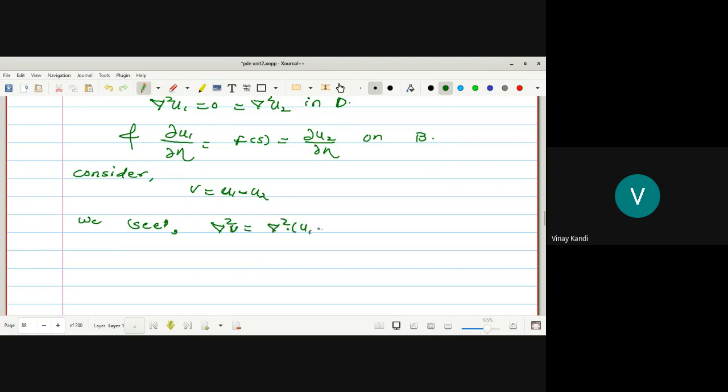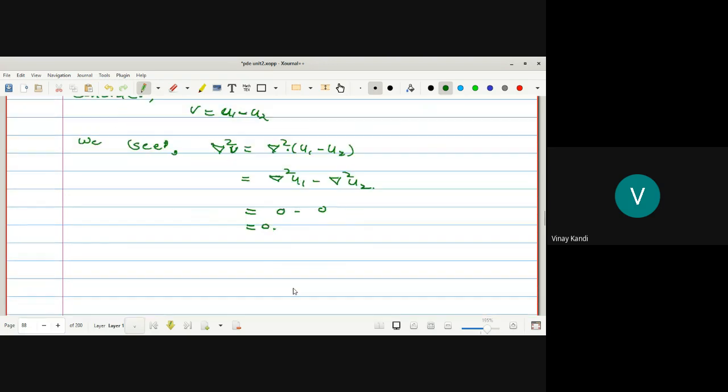Okay, so this is the linearity of the derivative, del square u1 minus del square u2, which is equal to 0 minus 0 is equal to 0. This implies V is harmonic. V is harmonic inside the region D, like question number 1. Del square of V is equal to 0. Okay, any doubt up to here?